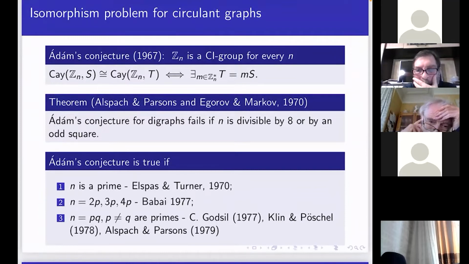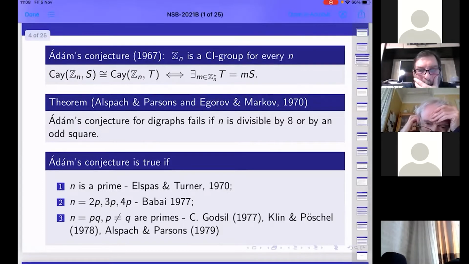And you can see the names, and I want to point out two papers. The one is the paper of Babai, this one.